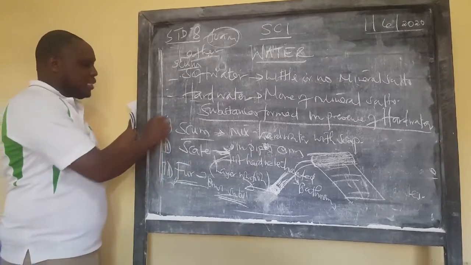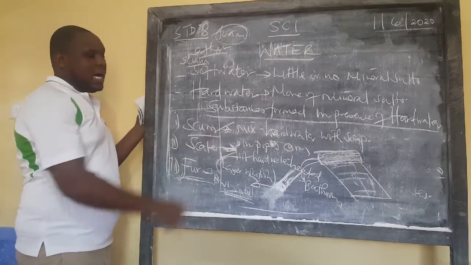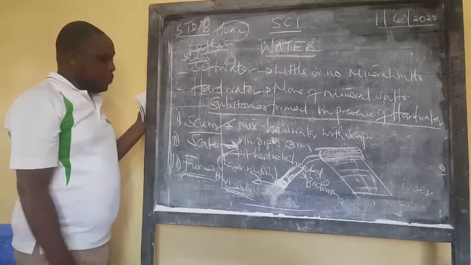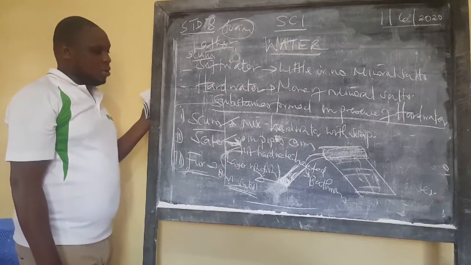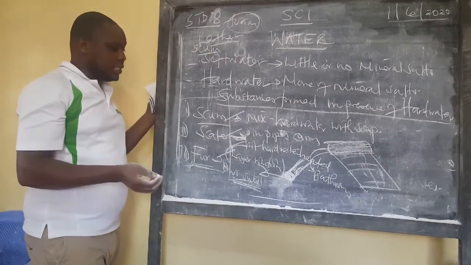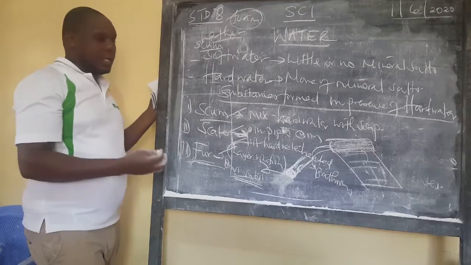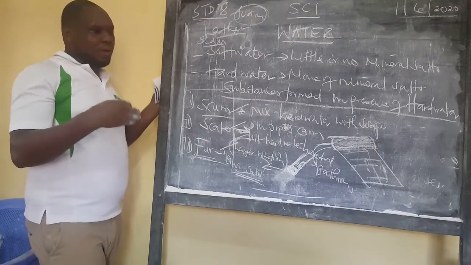So I want you to differentiate where these things are found. Scum is found when you mix hard water and soap. Scale is found in hot water pipes, and then fur will be found in utensils. That is after cooking, or even boiling water. Have you ever boiled water?